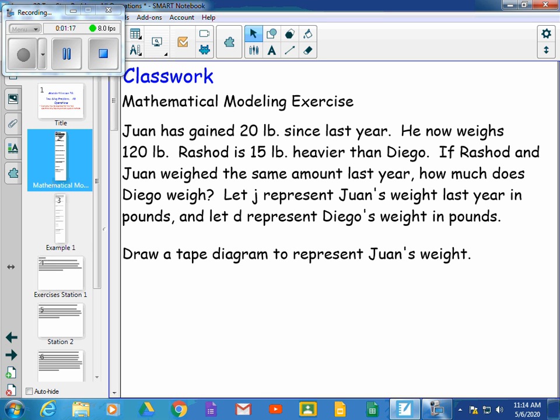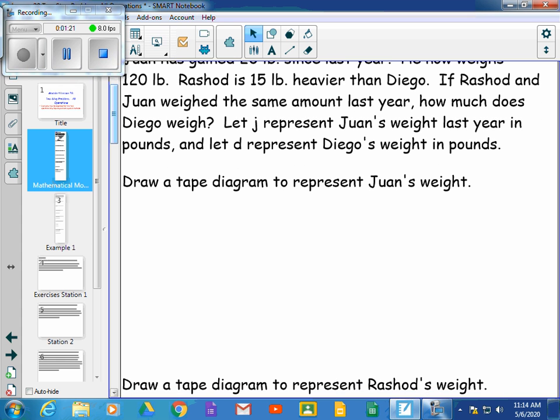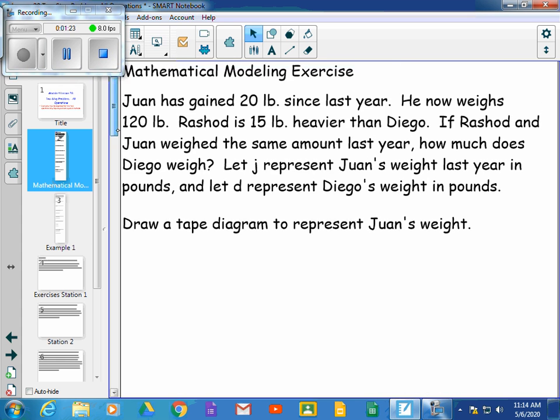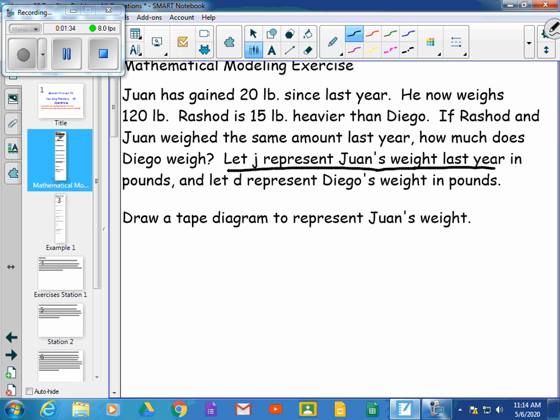To help us organize and understand what's going on, we're going to draw a tape diagram to represent Juan's weight first of all. What information has been given to us about Juan? First of all, we're going to let J represent his weight last year. We know that he has gained 20 pounds since last year, and that he now weighs 120 pounds.